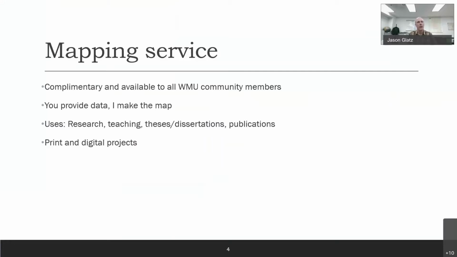Primarily, it's for publications, journals, and books, and theses and dissertations. Occasionally, I will do a project that will help a class out, or somebody who's just doing general research. And I also do occasionally work on digital projects like online mapping and story maps, which we'll touch on briefly later on.